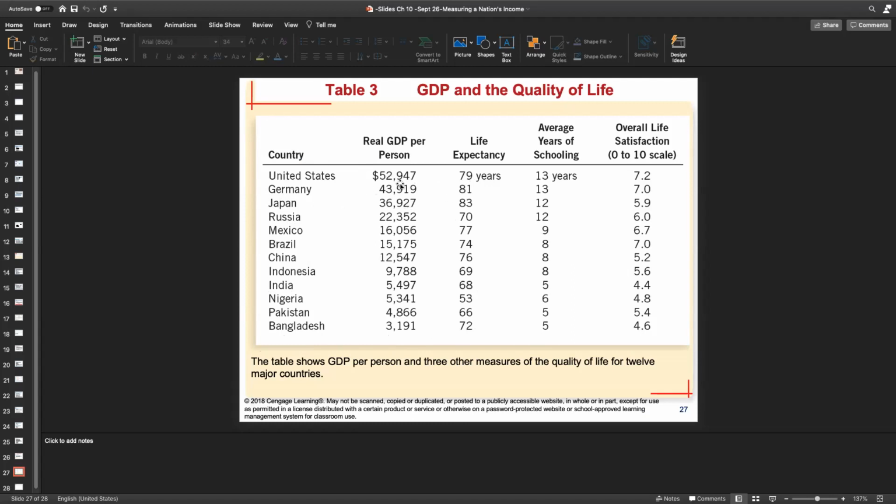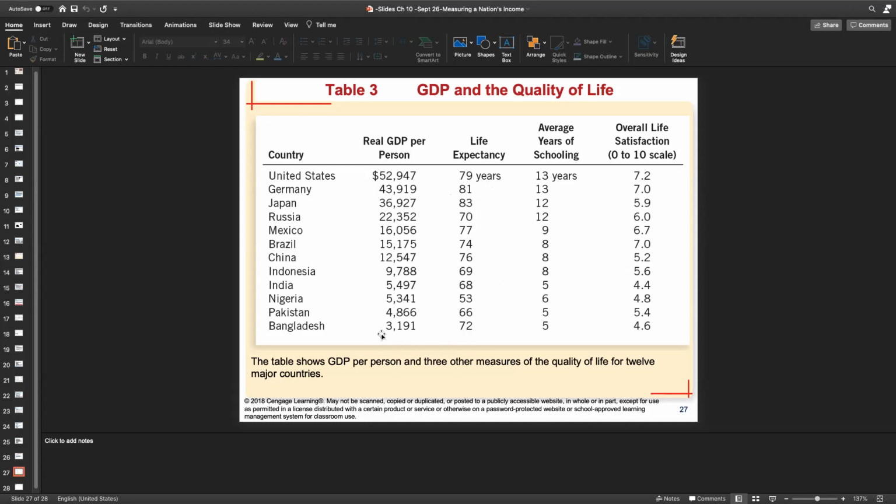If we look at life expectancy, the United States has the higher life expectancy, although there are some exceptions here. For example, Germany has a little lower GDP per capita, but a higher life expectancy. But still, you can see the association or correlation between real GDP per capita and life expectancy: as the real GDP per capita decreases, life expectancies are lower.